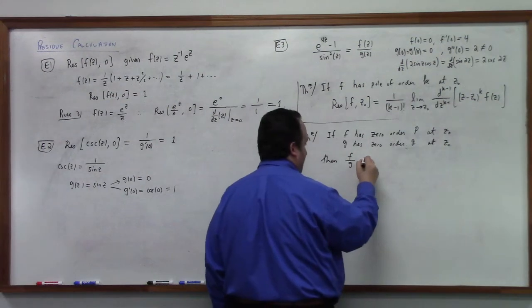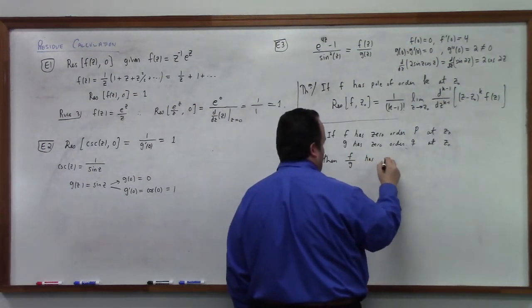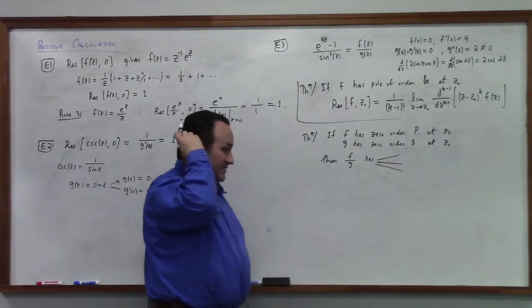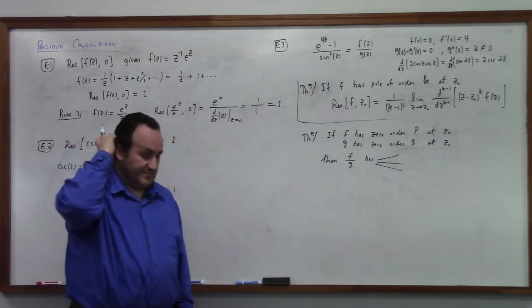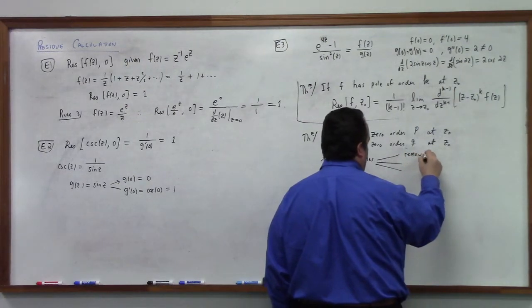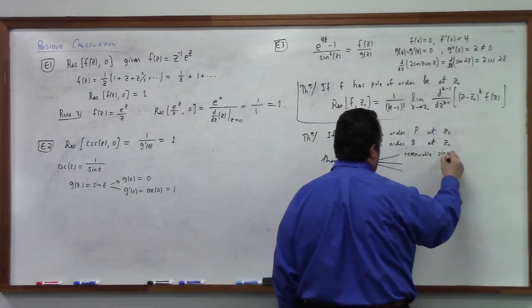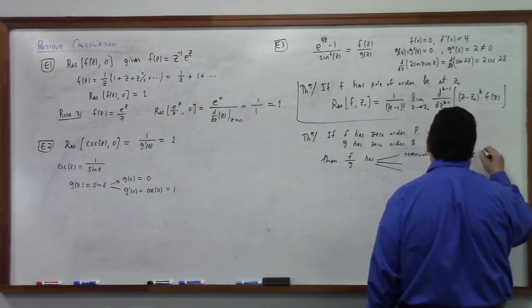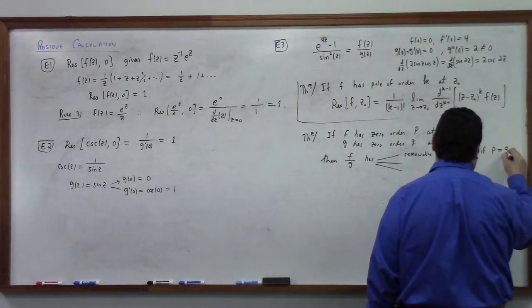Then f over g has, well, what does it have? It has different things, right? It has a removable singularity at z naught if p equals q.